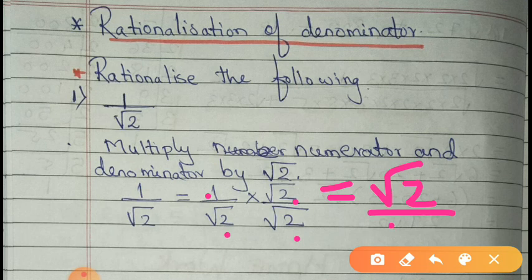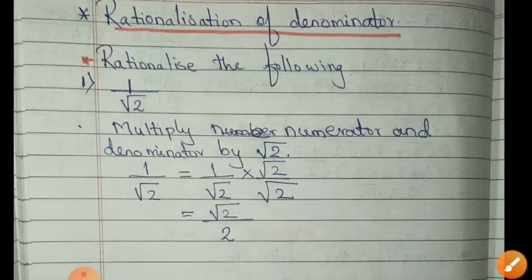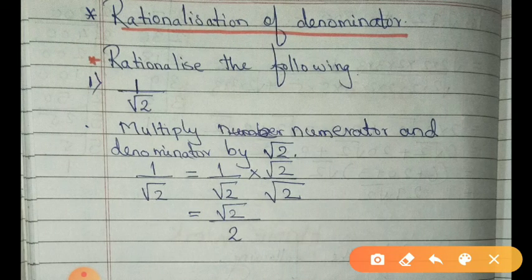Root 2 into root 2 is 2. Clear? Now see what is the denominator. My denominator is 2. Is 2 an irrational or rational number? It is a rational number. So that is the last step. Okay, so I'll be getting it as root 2 by 2.